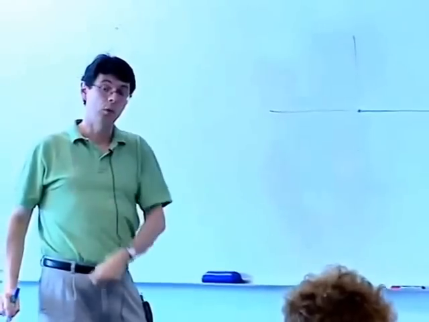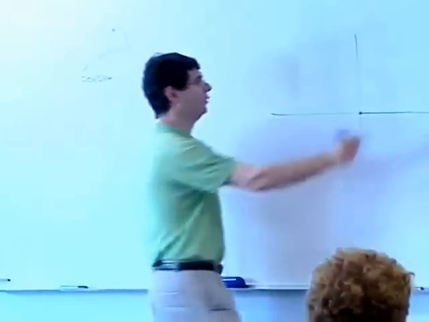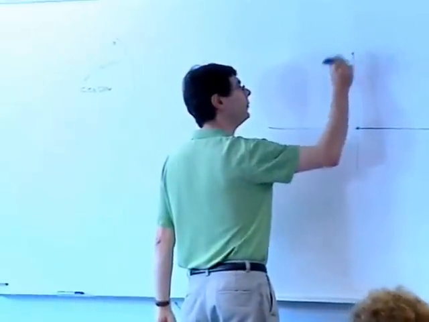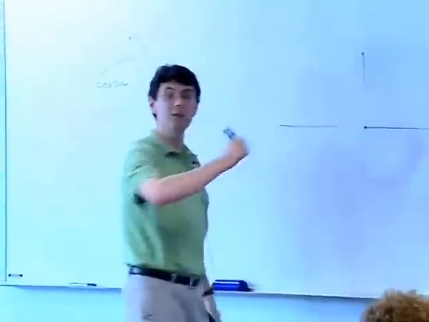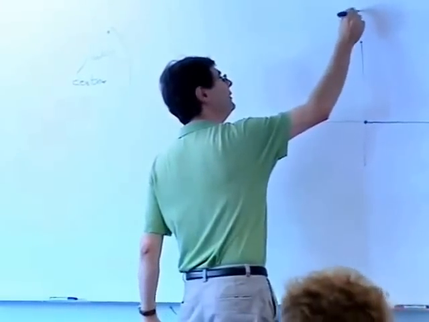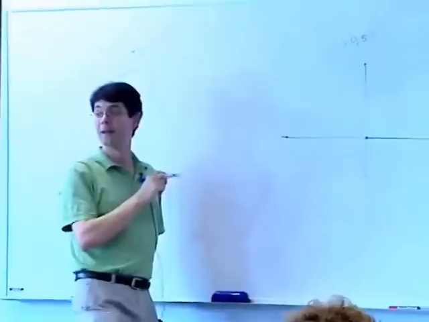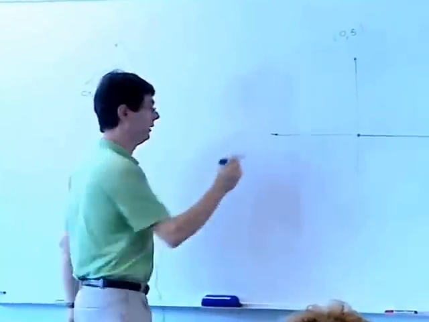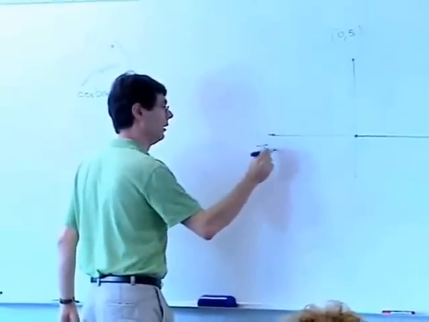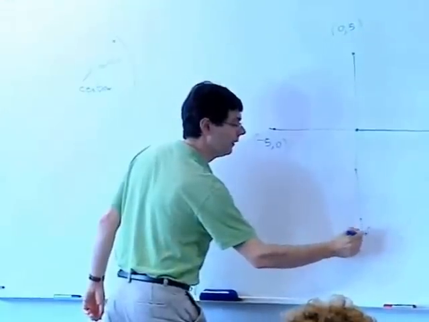I can tell you 3 more points that are easy to find. They're also distance 5. There's this one here. What's the coordinate of that? Interactive class. Good. 0, 5. Negative 5, 0. And let's go over there.